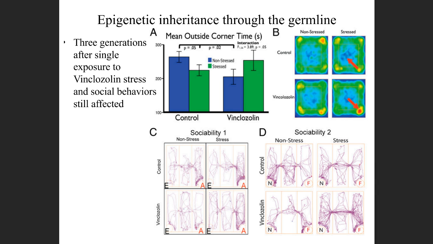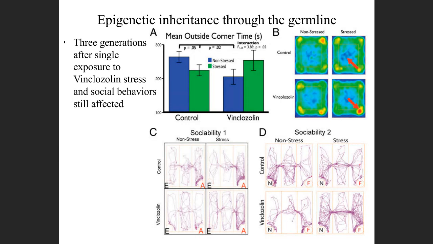That's what we're going to see right now. So this is an example of a behavioral effect that is tested 3 generations after exposure to this fungicide vinclozolin.